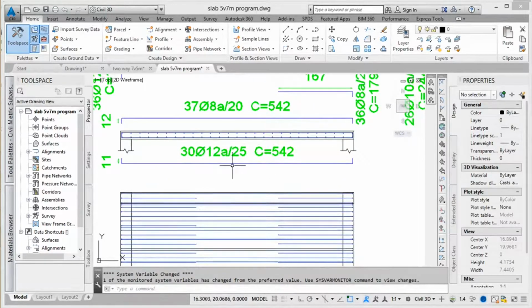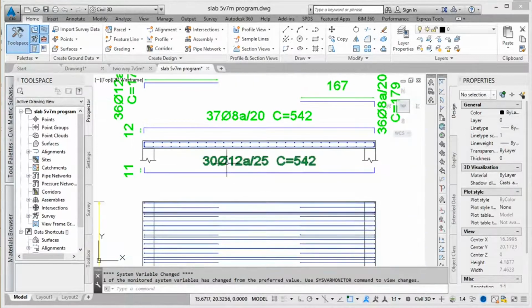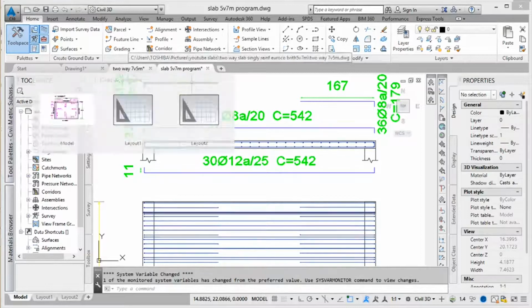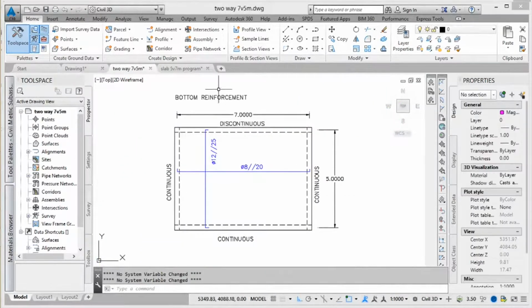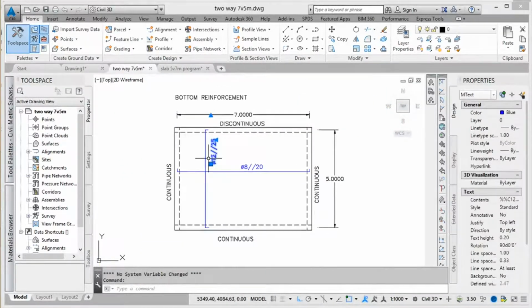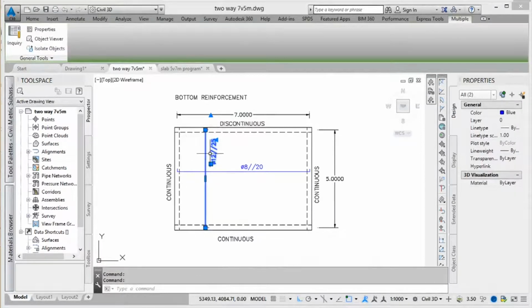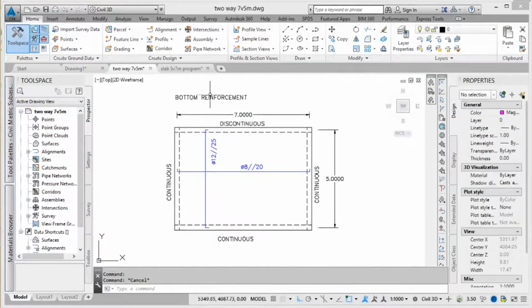In the shorter span, here on the bottom, it gave us a diameter of 12 spaced by 25. If we go compare, shorter span, 12 spaced by 25. So it was the same.